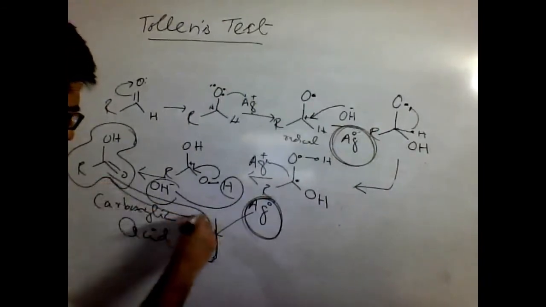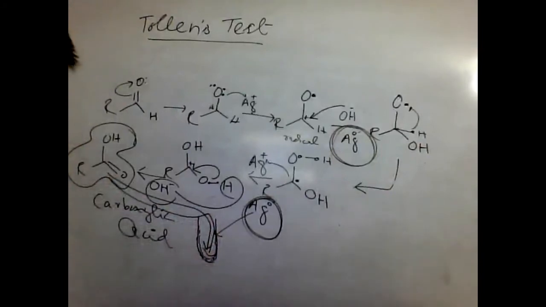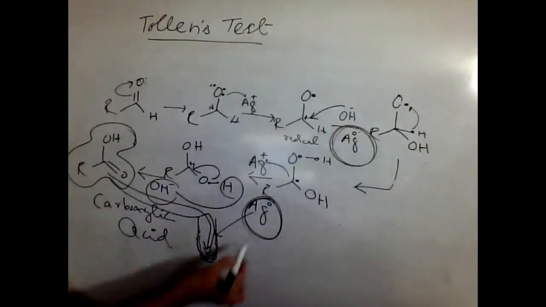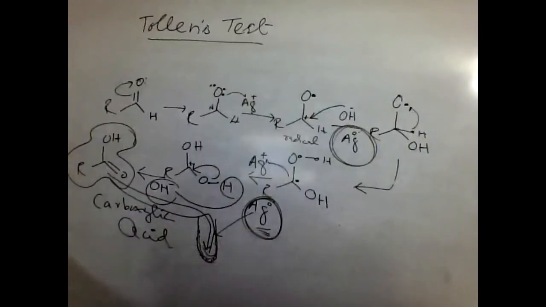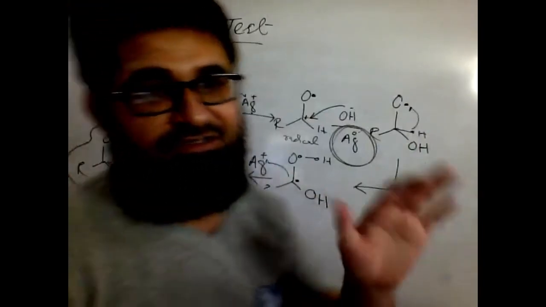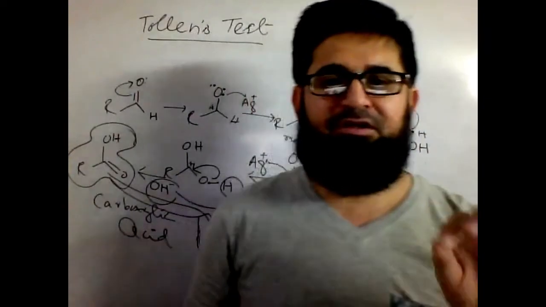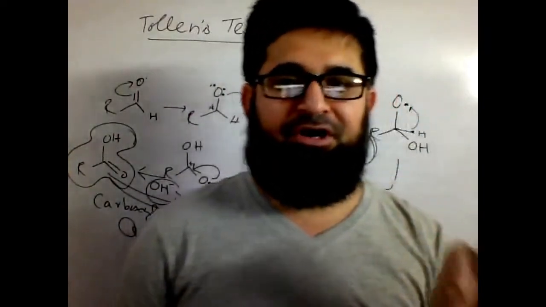We don't monitor those, they are organic compounds. What is easily detectable is the formation of silver, not ions actually, silver metal, in the form of a neutral metal.